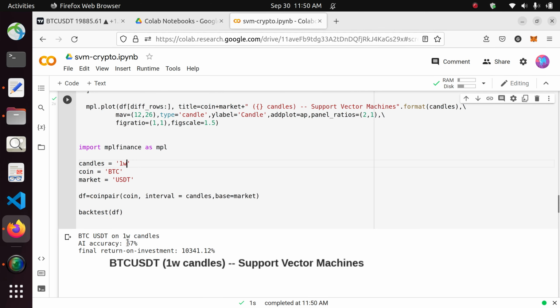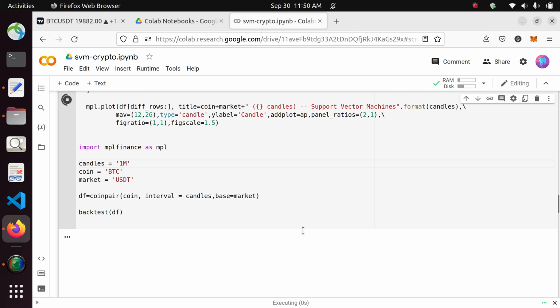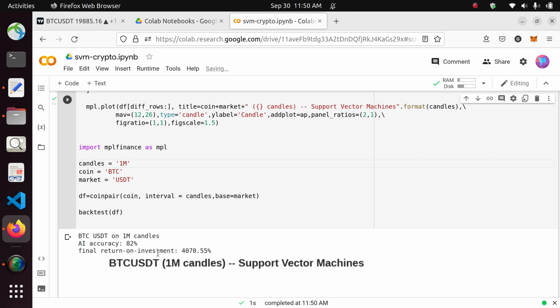You can see accuracy actually increased. And so did return on investment by 1 order of magnitude again from the previous one. Huge. Let's go to 1 month. ROI decreased.